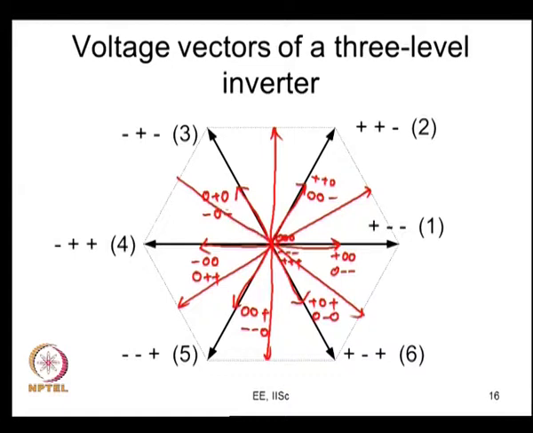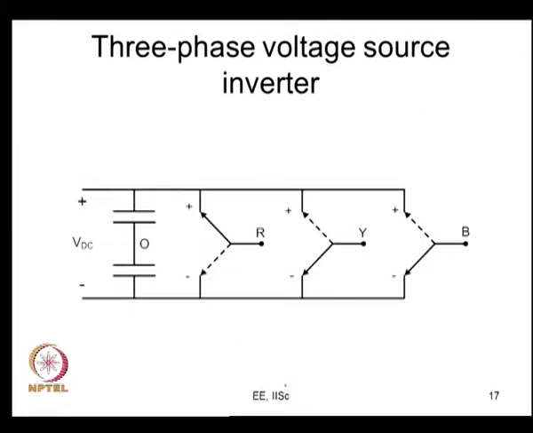This is plus 0 minus, this is 0 plus minus, here it is minus plus 0, here it is going to be minus 0 plus and here it is going to be 0 minus plus. So, this is how the vectors are, which is fairly simple.